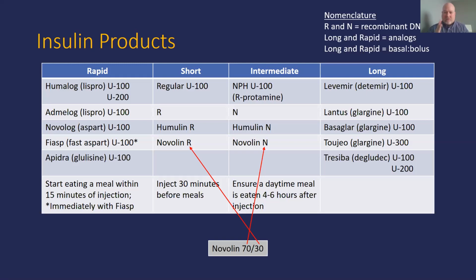But if they do, great. The way these are dosed is BID at breakfast and dinner time, because that's the way R and N behave. When you draw insulin curves on that here in just a little bit, it'll make a lot of sense why you would dose it just at breakfast and dinner time. R and N at breakfast, R and N again at dinner.